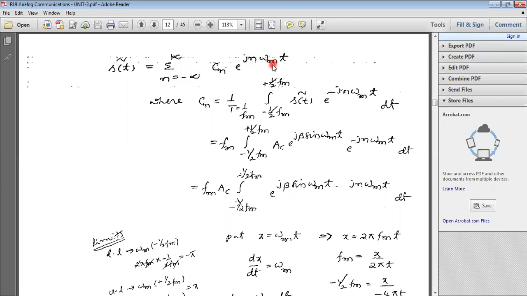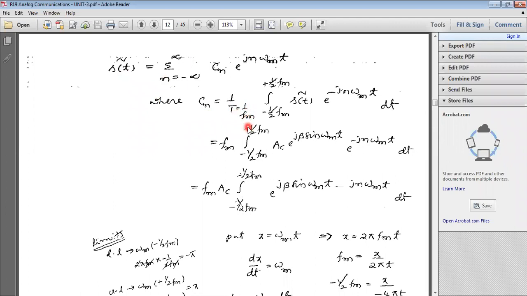Already you know the Fourier series, where Cn equal to 1 by T. Already I told you this signal frequency is the same as the modulating signal frequency. Therefore, in place of T, you just substitute 1 by fm. So at the below part, you write T equal to 1 by fm.